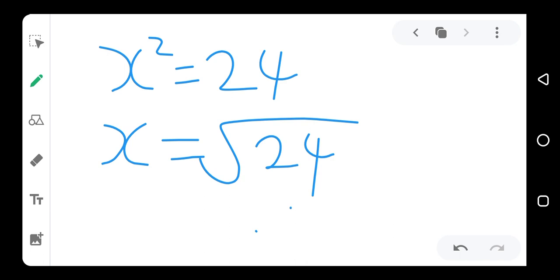If 16 can divide it without remainder, use it. If it cannot, leave it. Continue like that, checking all the perfect squares that you know until you get the one that can divide it. Of course, this is 24, and the next perfect square after 16 is 25. So 25 is not an option, you cannot use 25 to divide. So you continue doing like that until you get the answer that you want.